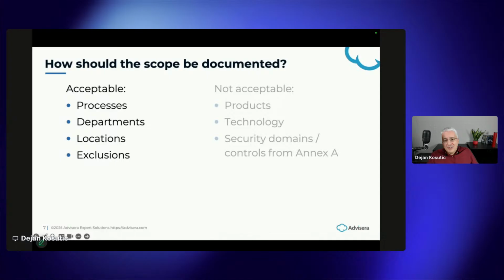Okay, what is typically not acceptable is to define the scope in terms of products. So let's say that a company provides some kind of application, I mean a SaaS application, and they're selling this kind of product on the market. You cannot define the scope in terms of a product, because this is a limitation by certification bodies.